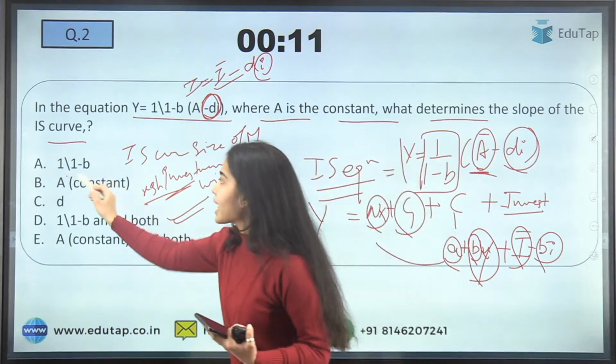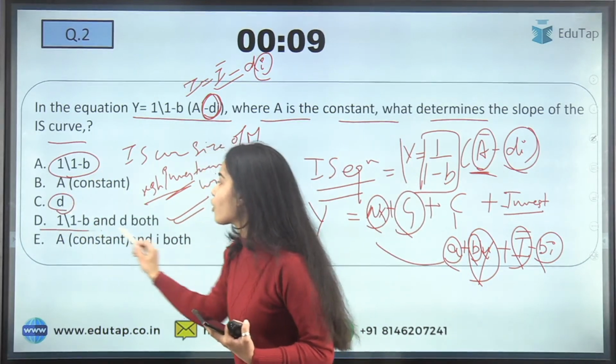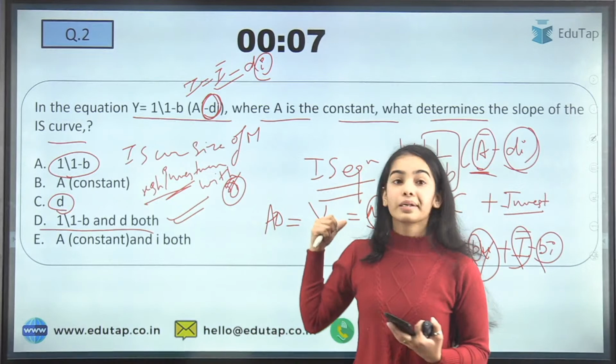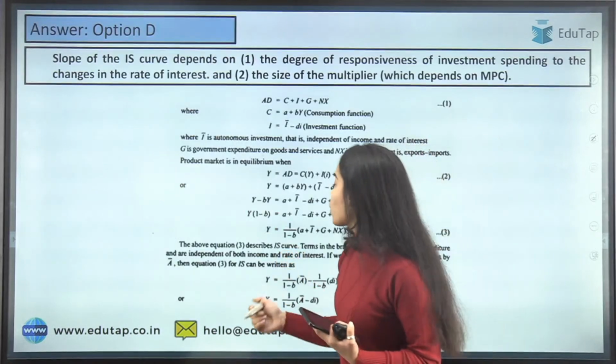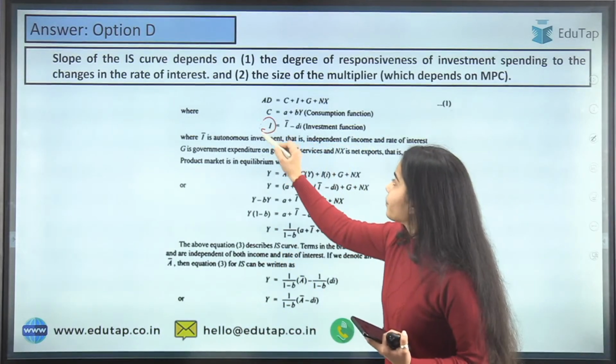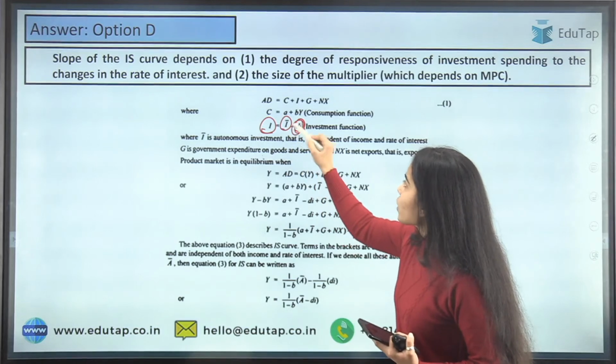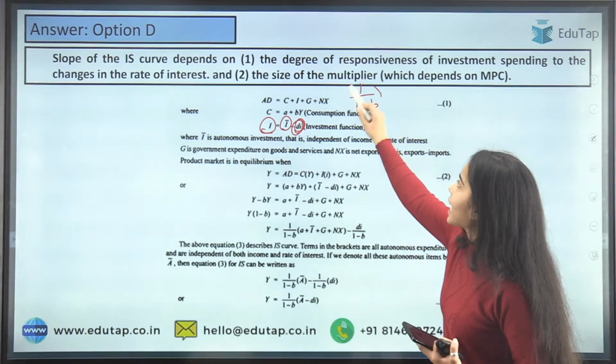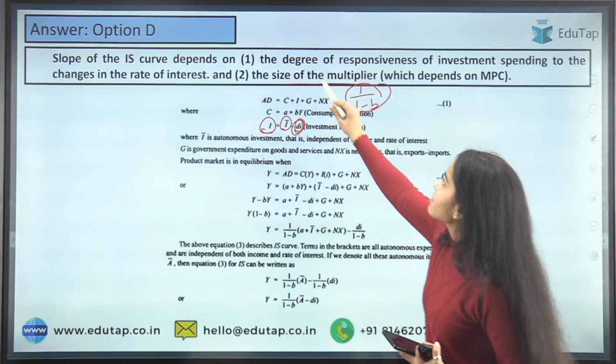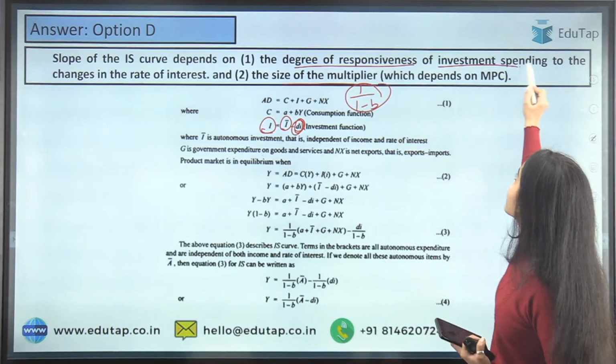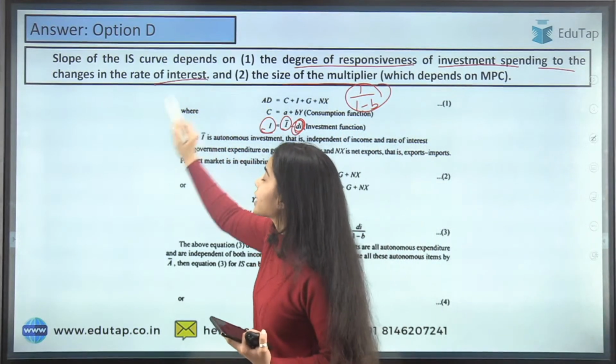Both of these are the answer of this question. So the slope is shown by the di also, and 1 upon 1 minus b, that is the size of the multiplier, as well as the degree of responsiveness of the investment spending to the changes in the rate of interest.